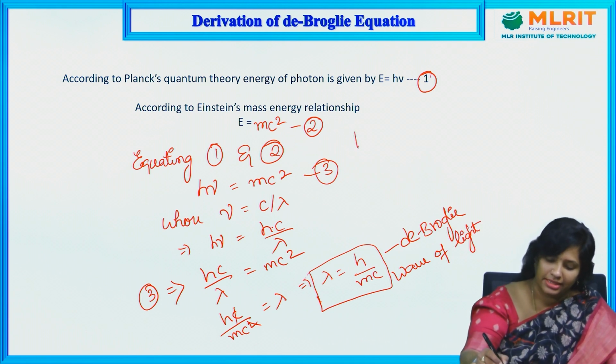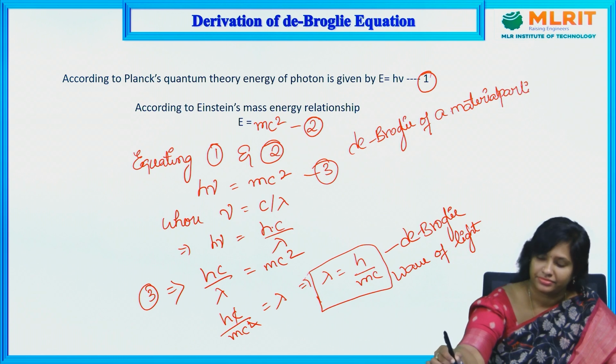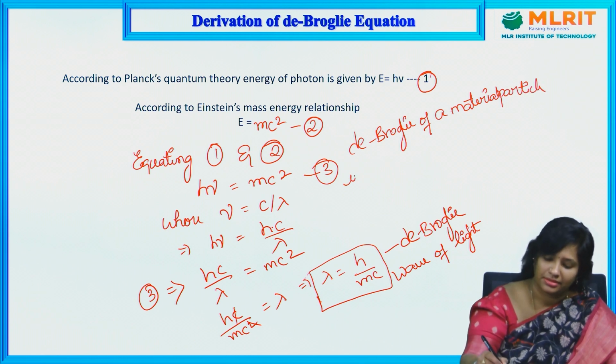Next, the de Broglie wavelength of a material particle. Replace c by v.